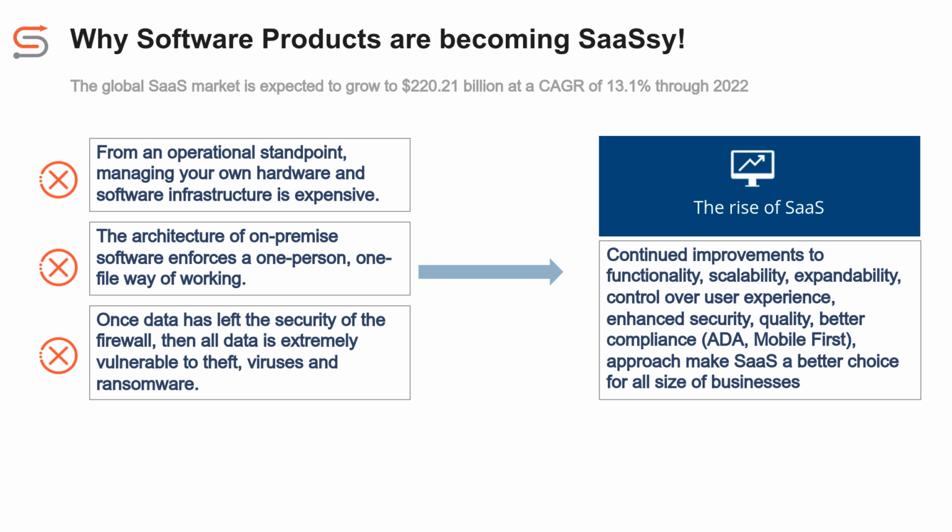So the cloud has enabled the industry to really build these SaaS products to get away from the internal operations as much. Also, with the architecture of on-premise software, it's just one way of working. You don't have as much flexibility with on-prem software and the architecture behind it. And then there are also security challenges, right?